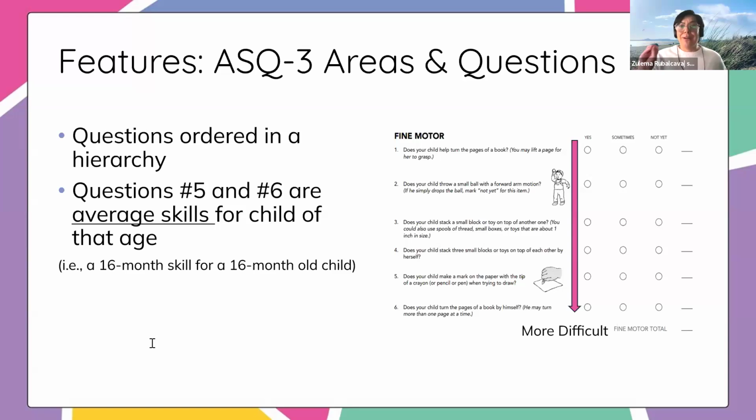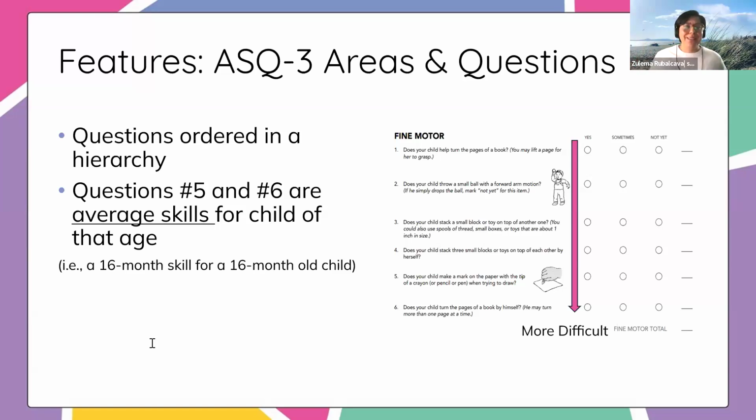So for just the 16-month questionnaire, questions 1 and 2 in all of the domains are going to be skills that a typically developing 12-month-old would have, or if you want the more technical research behind it, approximately a 75th developmental quotient to 100, right?